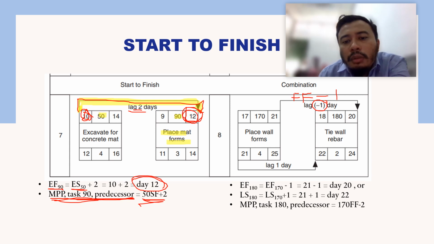At the bottom here, you can see there is a start to start plus 1. So at day 21, activity 170 starts. At day 22, lag of 1 day, activity 180 starts also. So like 1 day, but the relationship is start to start.